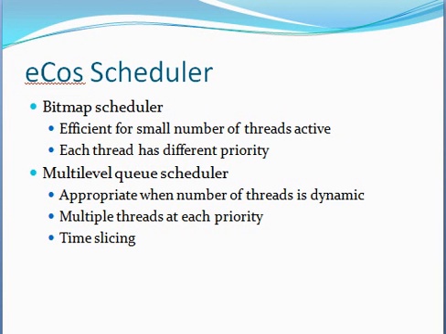The bitmap scheduler provides efficient scheduling for a system with a small number of threads that may be active at any point in time. The multi-level queue scheduler is appropriate if the number of threads is dynamic, or if it is desirable to have multiple threads at the same priority level. The multi-level scheduler is also needed if time slicing is desired.